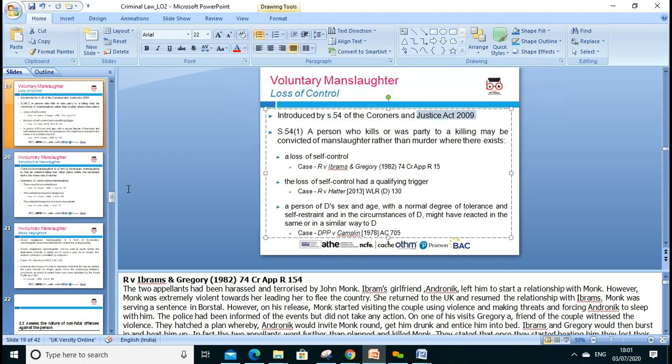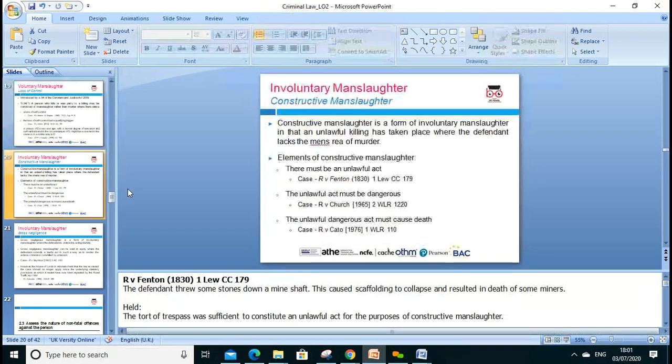A person who kills or was party to killing may be convicted of manslaughter rather than murder where there existed a loss of self-control which had a qualifying trigger, judged against a person of the defendant's age with a normal degree of tolerance and self-restraint. Next, involuntary manslaughter, constructive manslaughter.